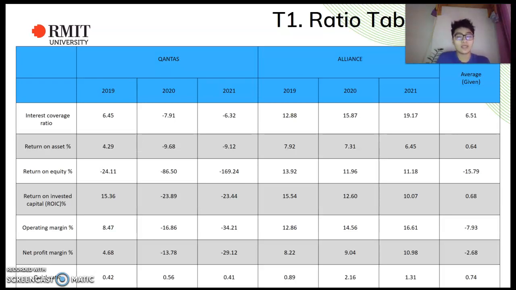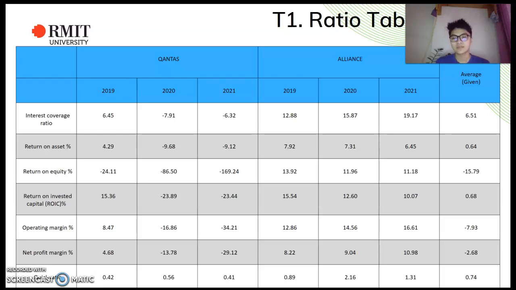Qantas Airways is performing really poorly in profitability. Most of the data, most of the equity, is significantly lower than the industry average and has a significant downtrend.